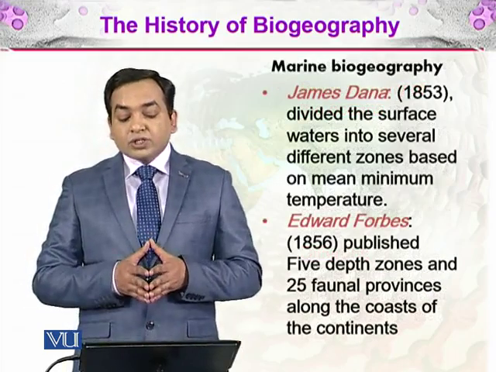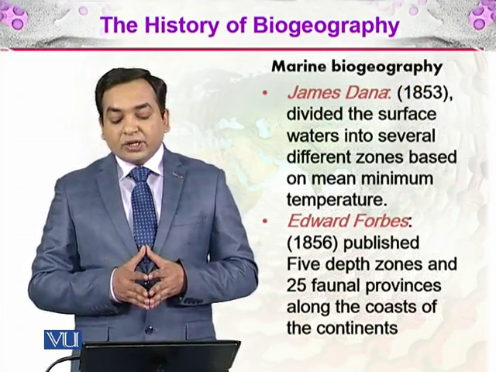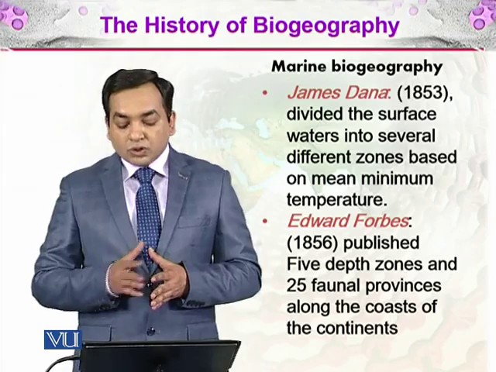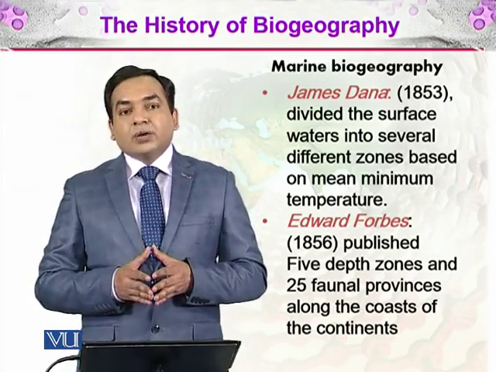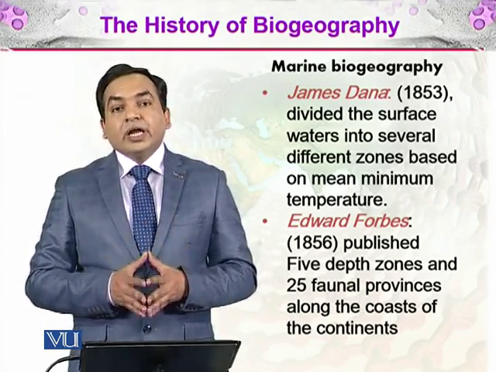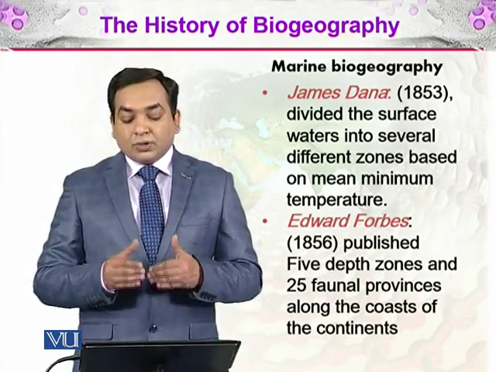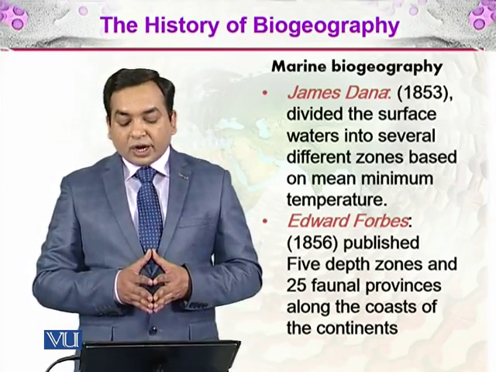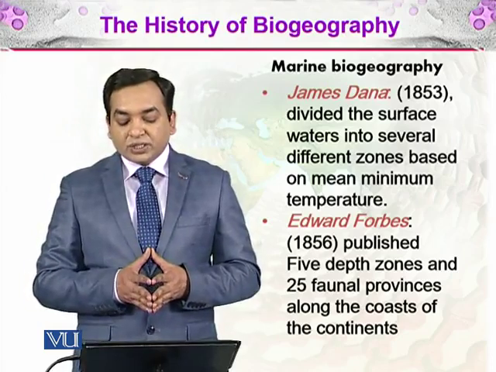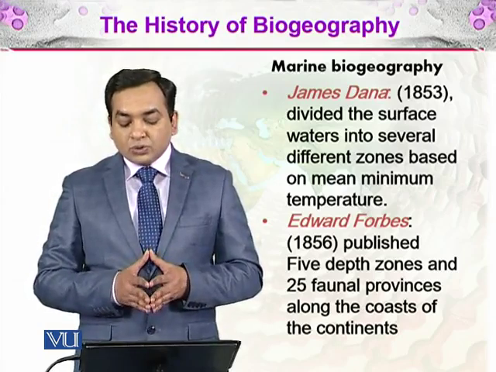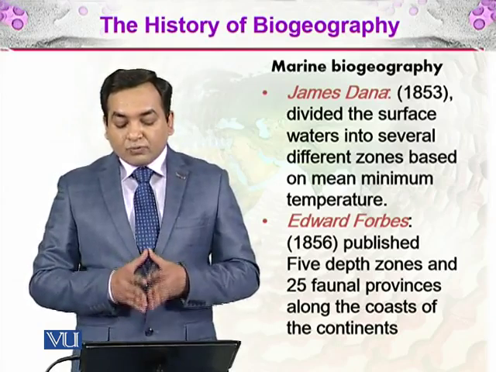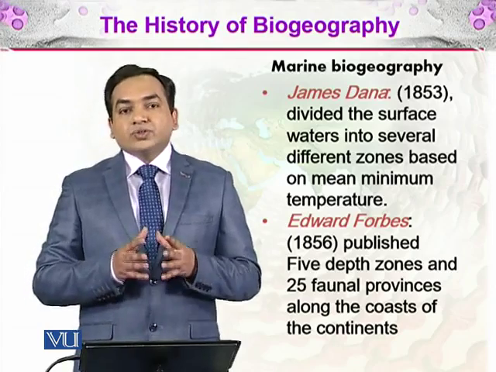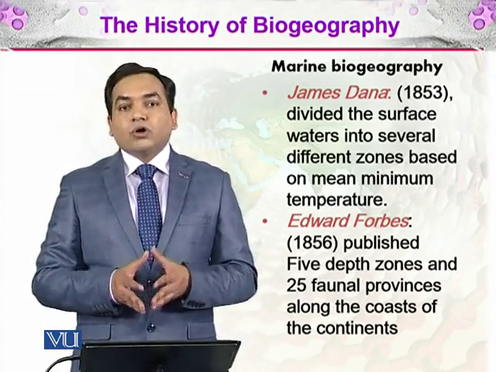First of all, there was James Dana in 1853, who divided the surface of waters into several different zones based on the mean minimum temperature. Then comes Edward Forbes, who in 1856 published 5 depth zones and 25 faunal provinces along the coasts of the continents.